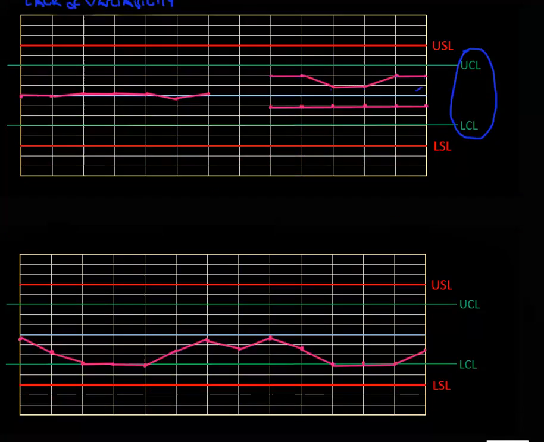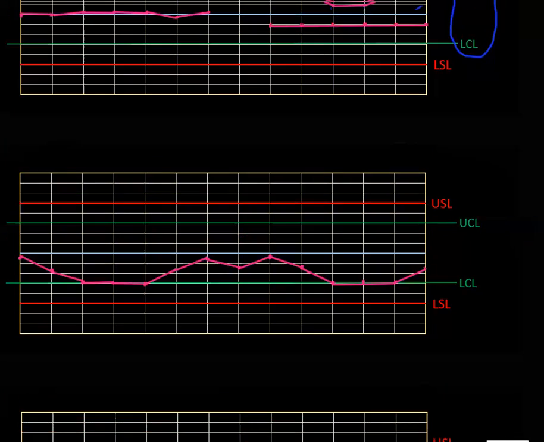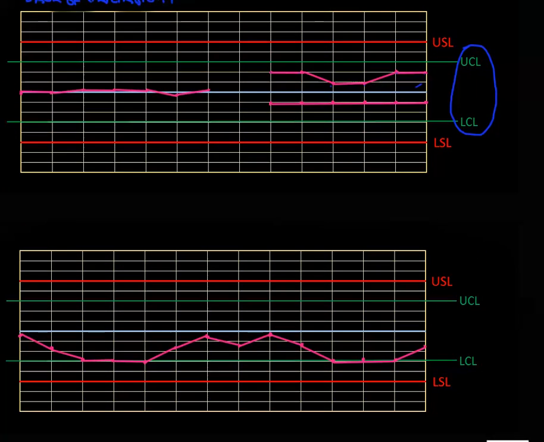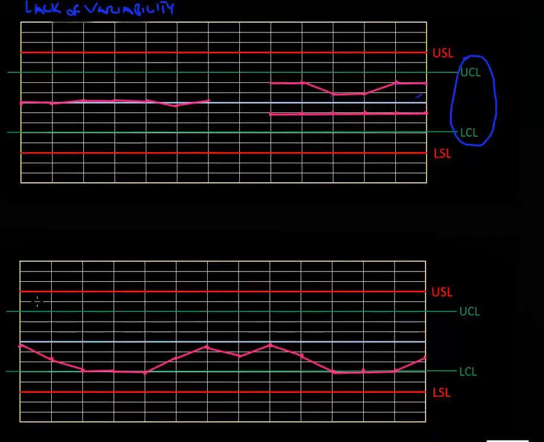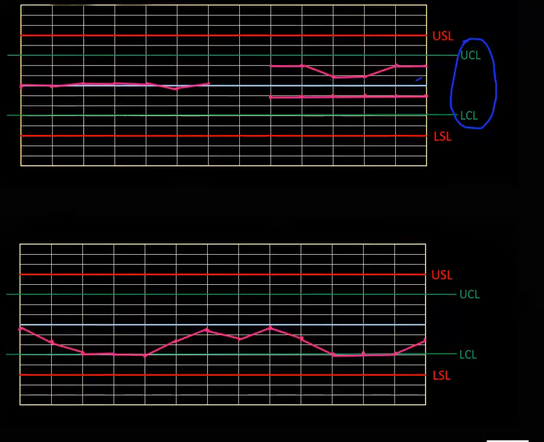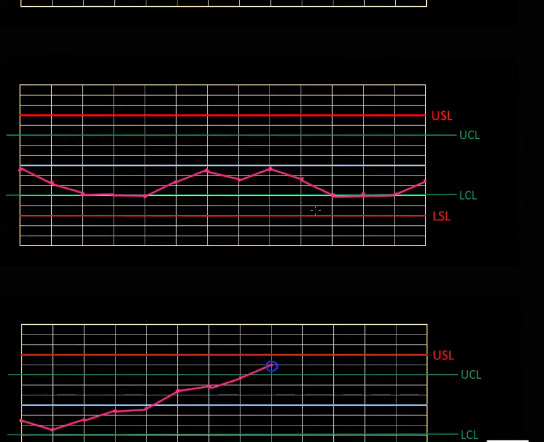Okay, so let's move on. Let's take another look here. This is something you've just seen. If you do this for long enough, and I've done this for quite a long time, you start seeing patterns like this. I brought this out as a subset. You don't even see this in a lot of textbooks, but this is another version of lack of variability. We have some down, down, and then look, it flattens out, up, down, up.